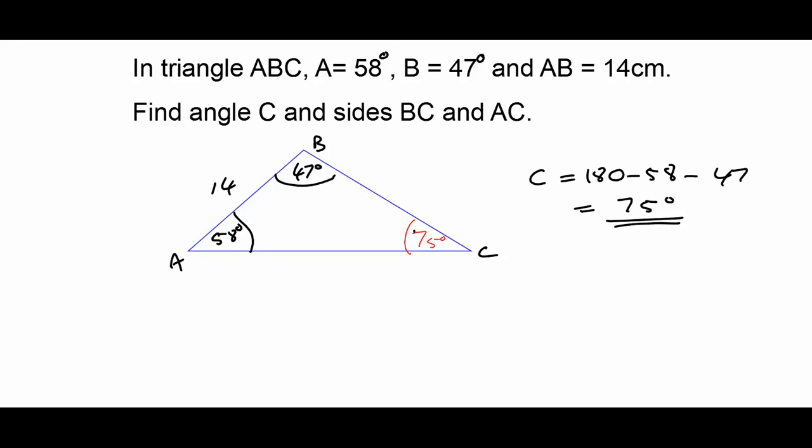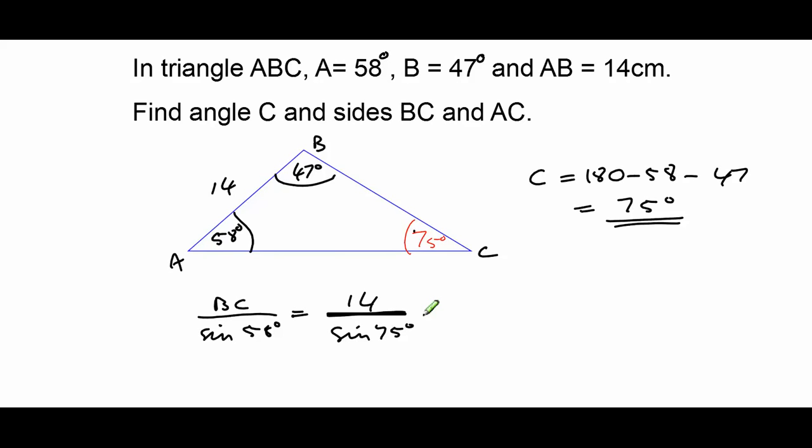And then to find BC, we use the sine rule. We want to find the side, so put the sides on the top of the fractions. BC over sine of the opposite angle 58 is equal to, and we have the side AB is 14 over the sine of 75 degrees.